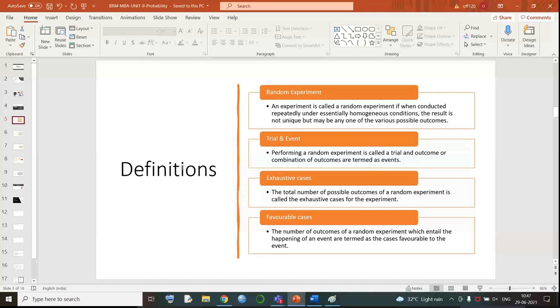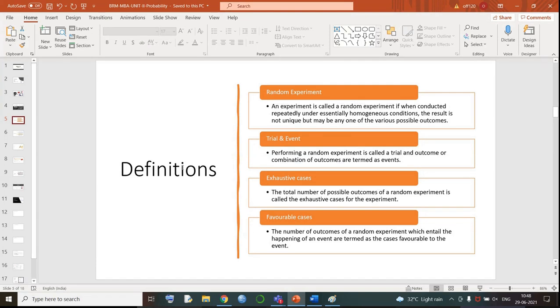There should not be differences between the first time and the second time or the fifth time. But you know whatever outcome you might get, I might get head or a tail, but 100% you cannot say that you are going to get head or a tail. That is called a random experiment.